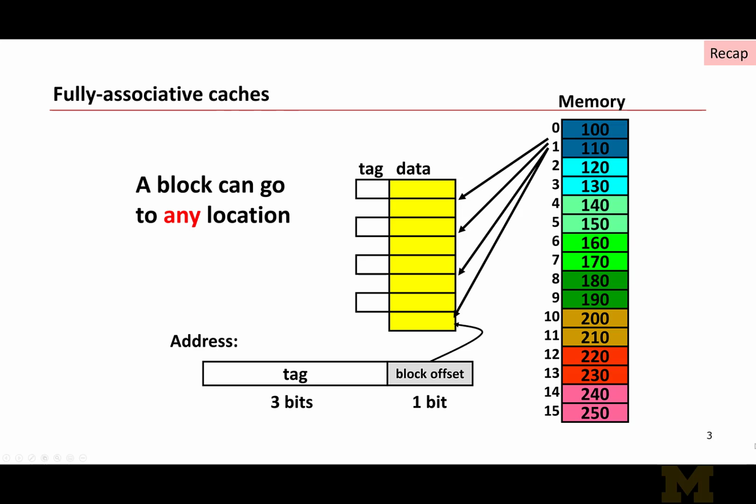Before we can understand set associative caches, let's briefly review the main ideas we have talked about so far. First, we started off with a very simple cache organization where we had the address stored with the data. And then we said, well, that's too expensive because for every 1 byte of data, I need to store the full address.